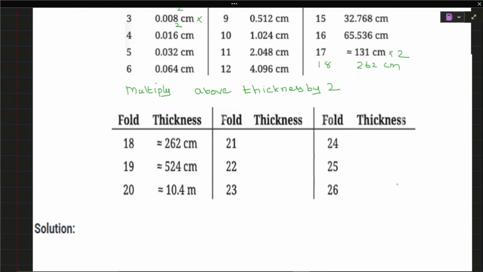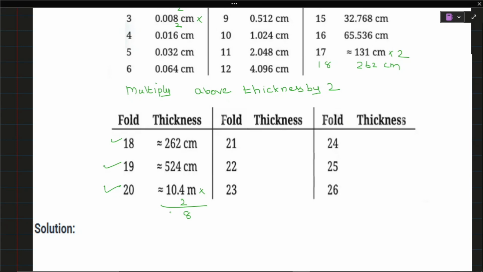Here, 18, 19, 20, all the thicknesses are given. Here thickness is given, but from 21 onwards thickness is not given. So the 20th thickness is 10.4. So you can find the 21st thickness by multiplying this by 2.